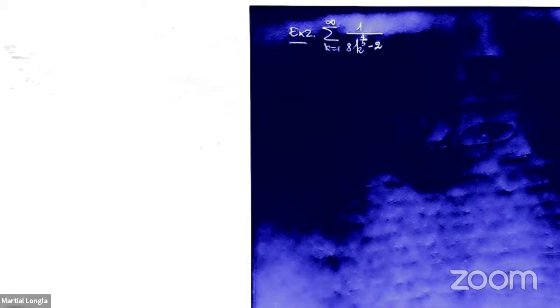Now tell me, what do you think of this one? Do you think it will be convergent or do you think it will be divergent?